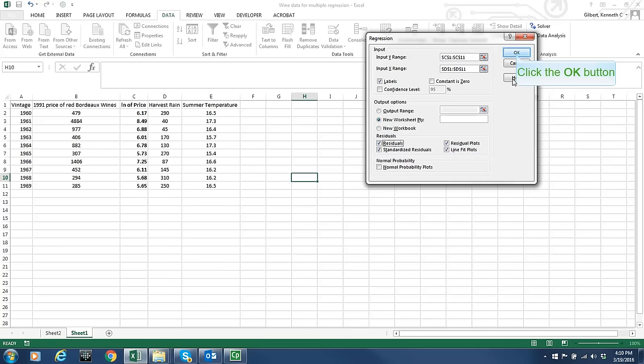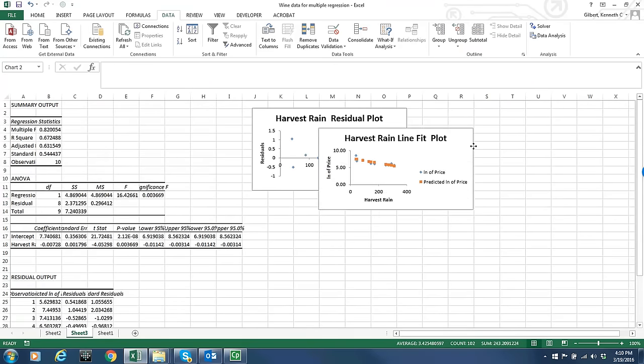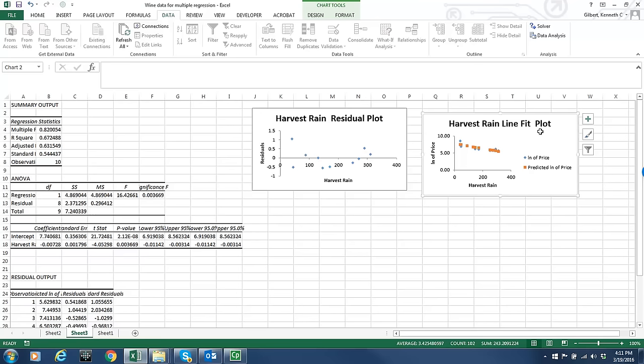So here's what I get, and here's the harvest rain line fit plot, and what I see there is that there is a strong negative correlation, as we already observed. As rain goes up, the price of the wine goes down, or the log.